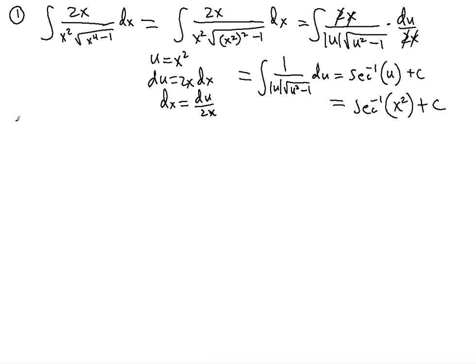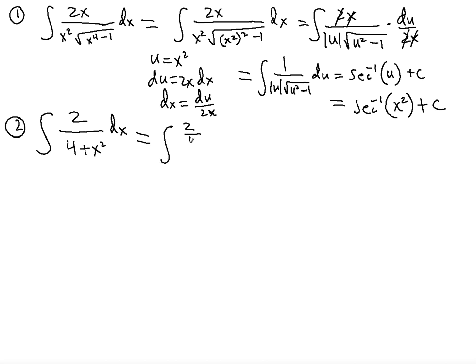Okay, the next example is a little bit more complicated, because here it's not going to be obvious. You're going to relate this to arctangent, but as you see, for the arctangent you need to have a 1 instead of a 4 here. So we're going to first divide the numerator and denominator by 4. We're going to multiply basically the numerator and denominator by 1 over 4.